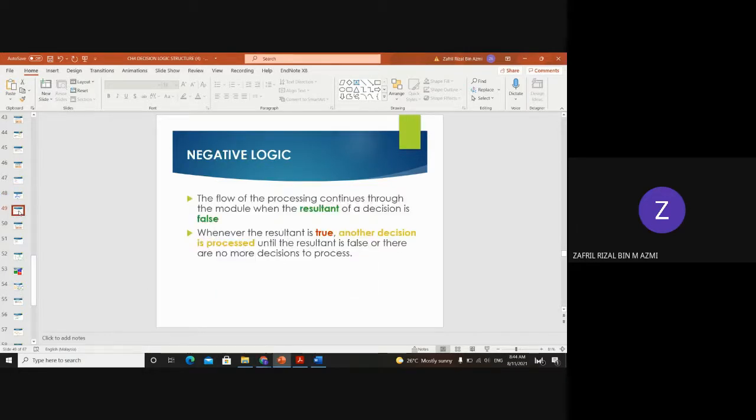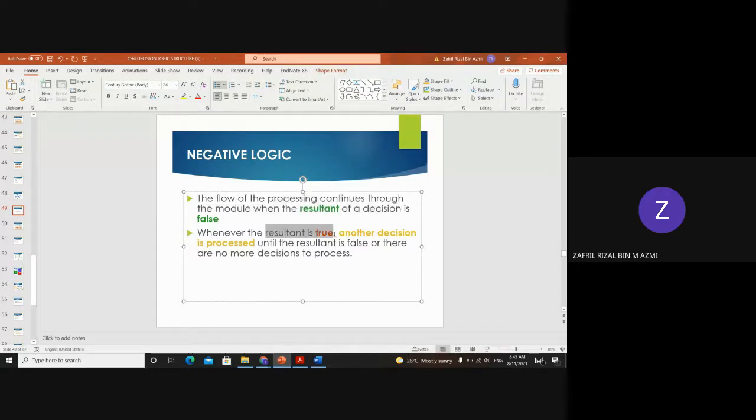Okay, negative. Negative logic, we rarely use this because it's quite confusing. The condition that we put inside negative logic is actually the opposite of positive. The flow of the processing continues through the module when the result of the decision is false.